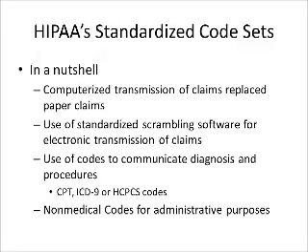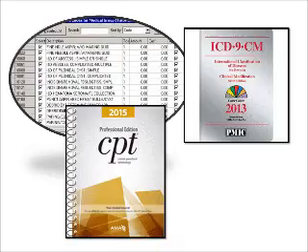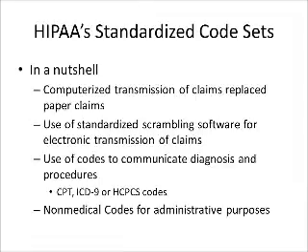And then also the use of codes for diagnoses and procedures. These are our CPT or ICD9 codes, or as of October 2014, our ICD10 codes. And then non-medical codes for administrative purposes.